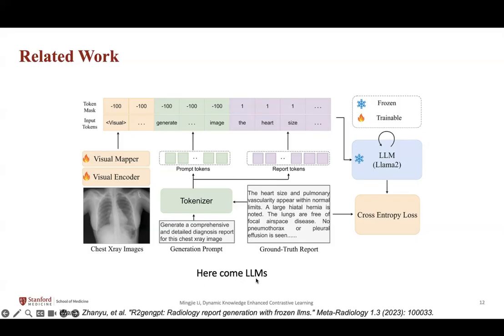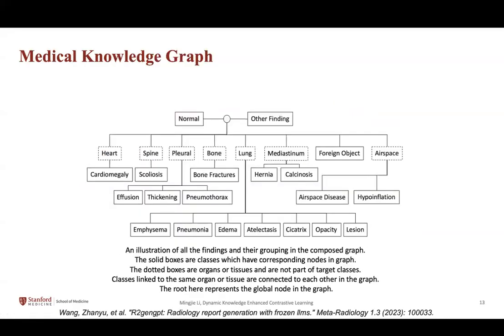So for this work, which is R2Gen GPT, it is a very simple idea: transfer the image into some visual tokens, use an MLP to transfer the visual tokens to language tokens, combine them with a prompt and send them to the Llama. It also achieved state-of-the-art performance right now.